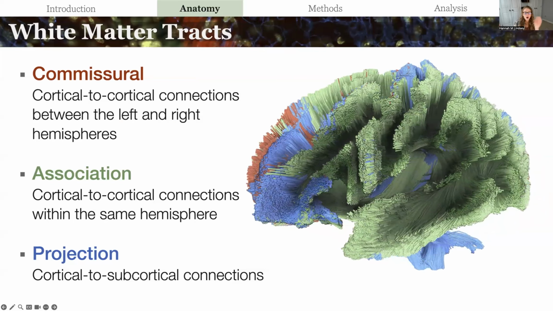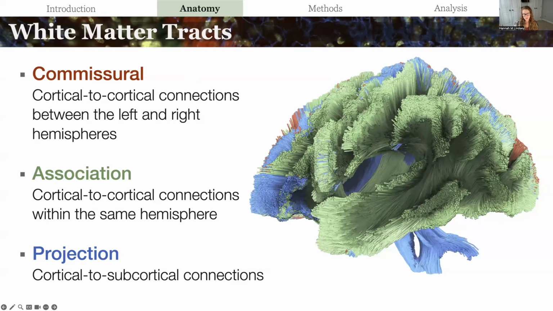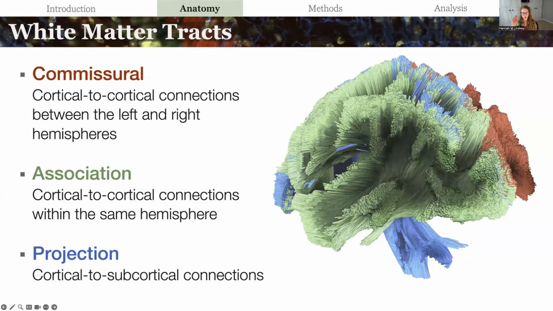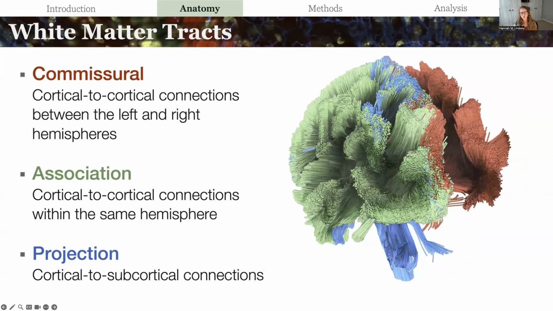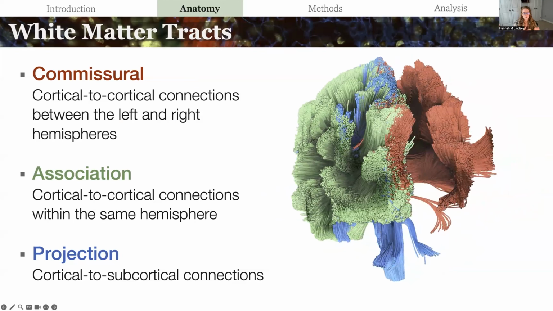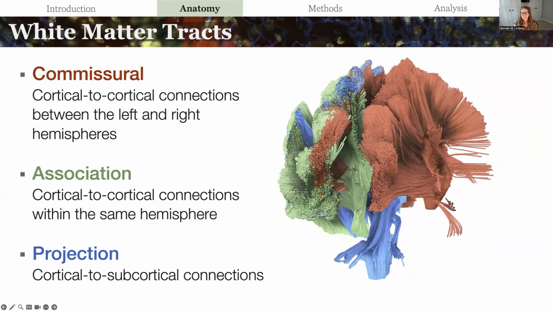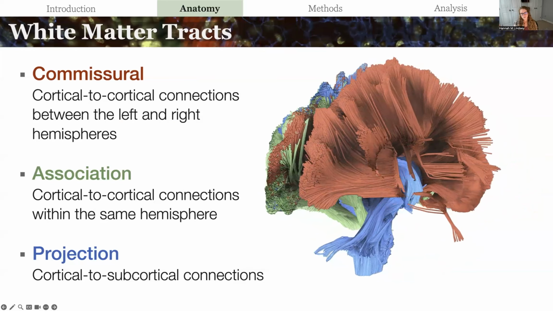And long association tracts connect two or more lobes within the same hemisphere. All of it's within the same hemisphere, but the long ones just span across the lobes. Association tracts are essential for intra-hemispheric communication, or within hemispheric communication, and support major cognitive functions. And they link cortical areas that are involved in similar or complementary functions.